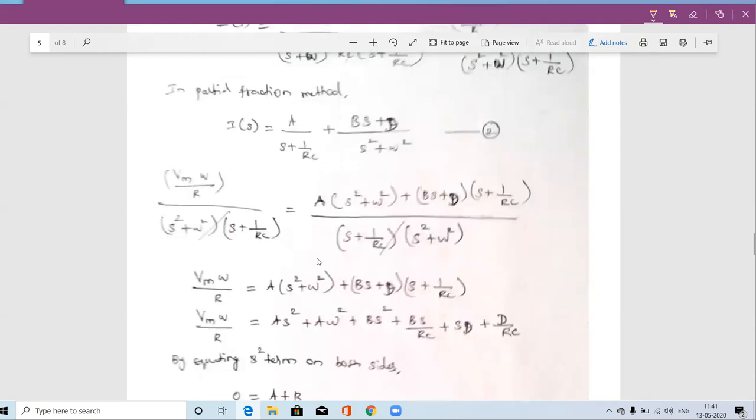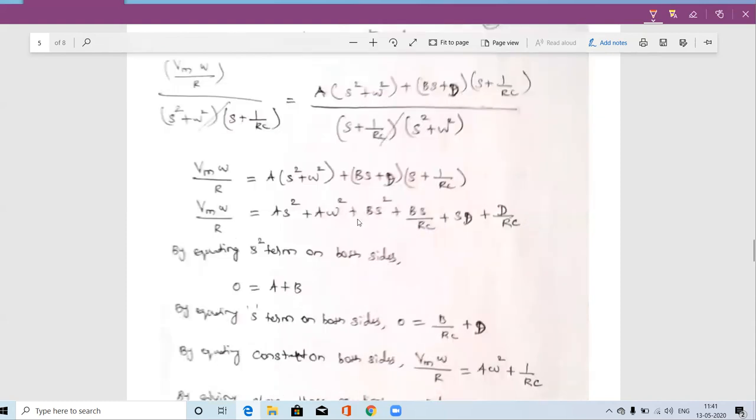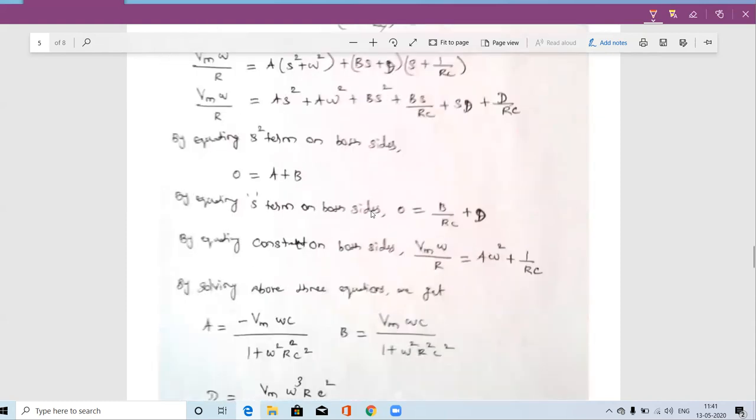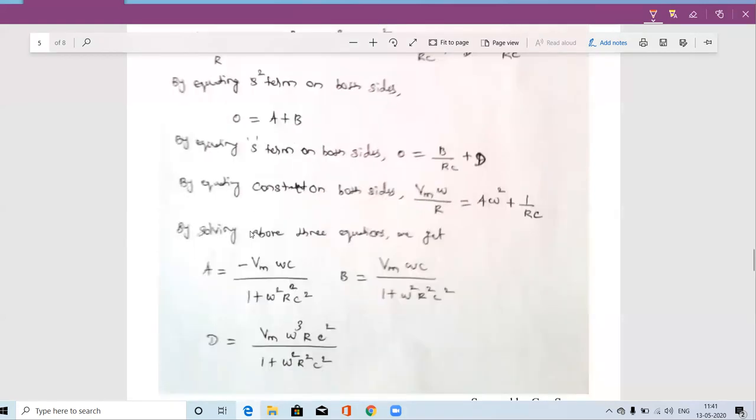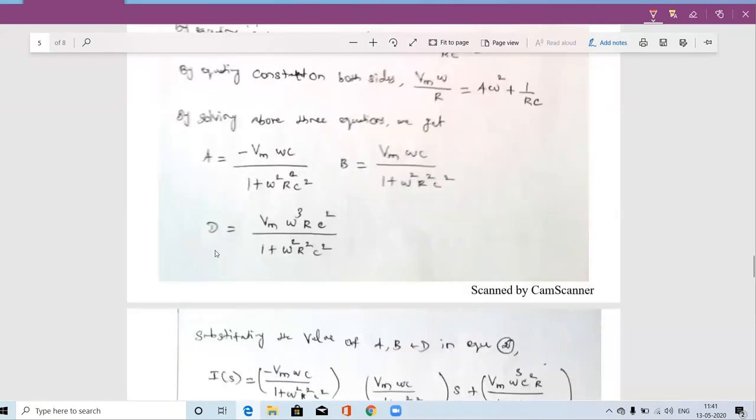Same method. Take the LCM in the same way, rearrange it. Equating the coefficient of s squared, s term and constant term, you will directly write the answers. Here the A value is Vm, minus, A plus, B minus, B plus, A minus.